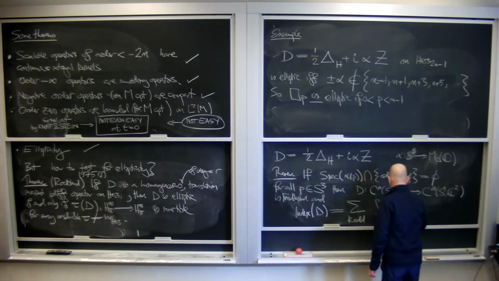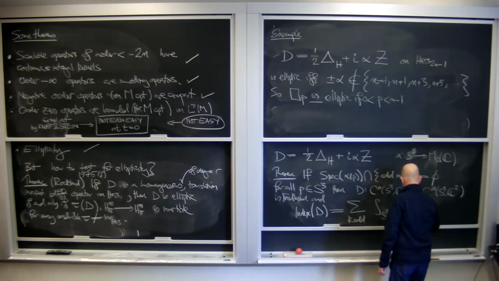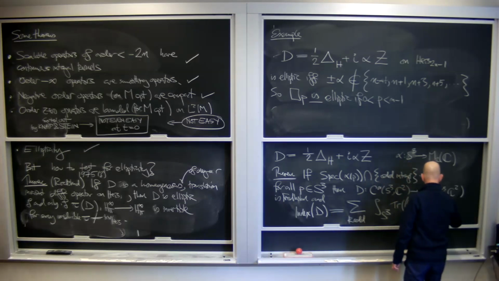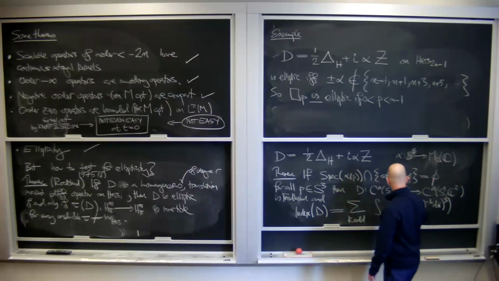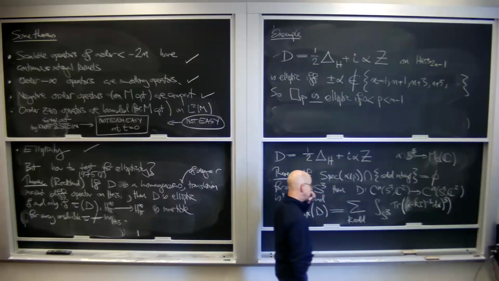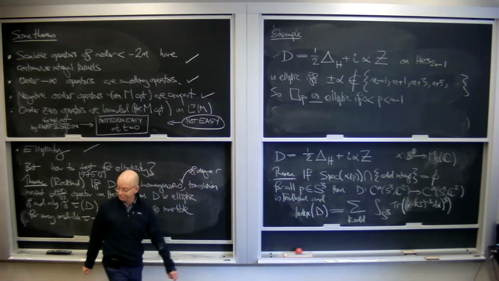You take the trace of alpha minus k times the identity, inverse, d alpha. That's a 1 form, but we need a 3 form to integrate over the 3 sphere. So let's just cube that. That's it.